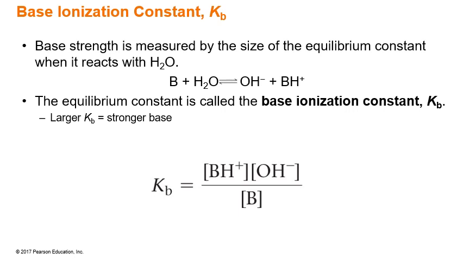The B is for base. And it's still products. So our base plus the hydrogen, which is our product, times the hydroxide divided by the original concentration of the base. And the larger our Kb, the stronger our base is.